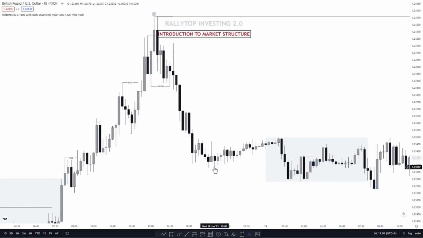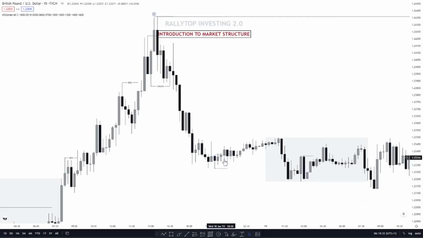Now, this is the lowest low of this candle. So where is the high? This low is protected. Okay? And now, this is the high of that same candle.